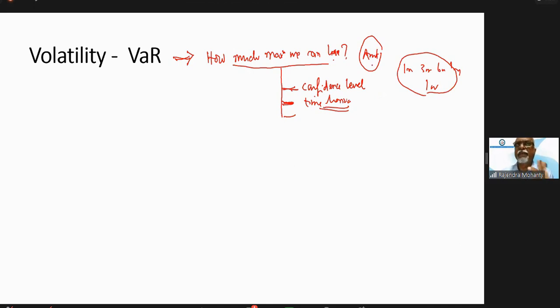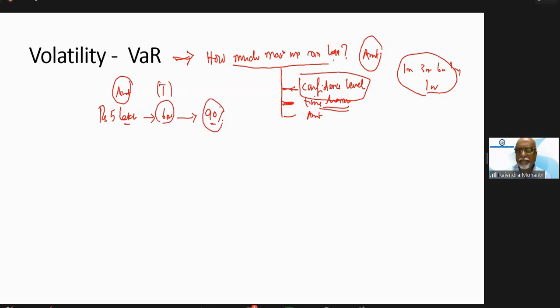In a period of 1 month, 3 months, 6 months, 1 year or 1 week, you have to define that period. Within this period, this amount might be our maximum loss. And there will be a confidence level, because this is a statistical method. So VAR is always given with a time period. Say, I can say that my maximum loss can be 5 lakh within a period of 6 months with a confidence level of say 90%.